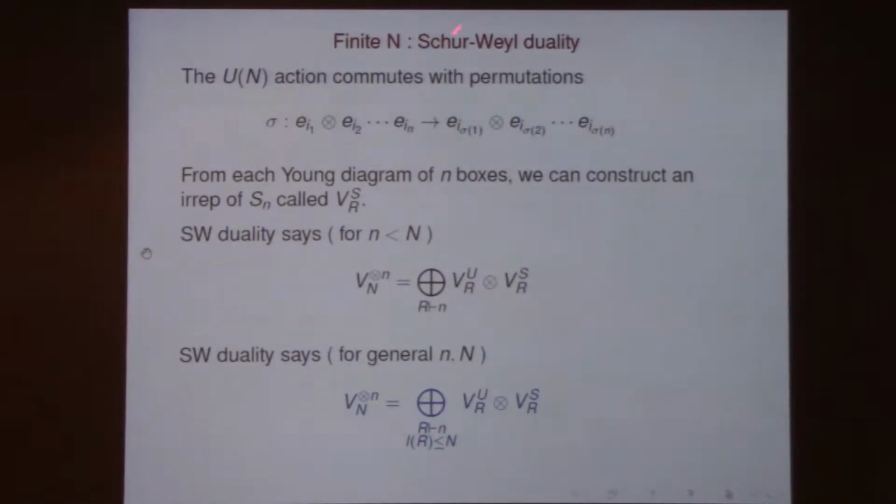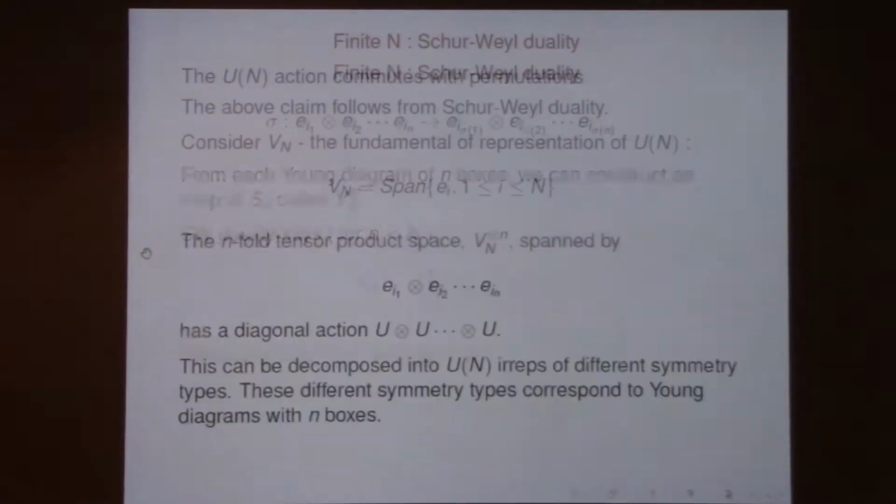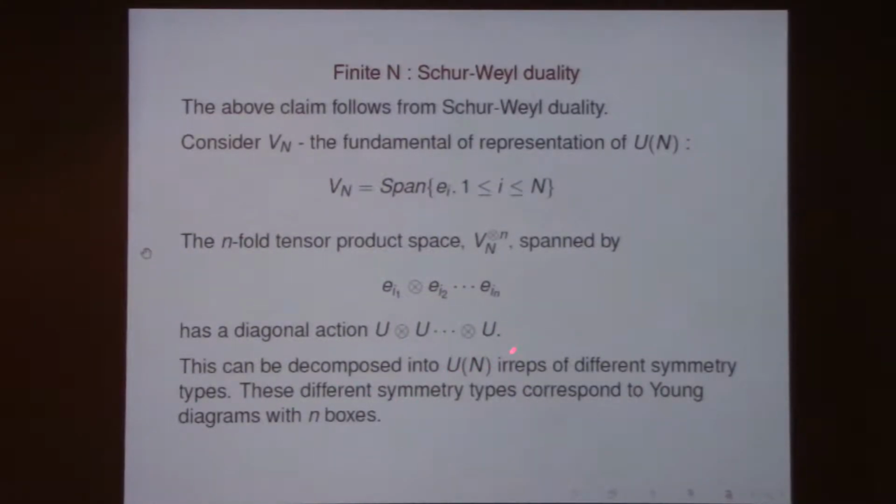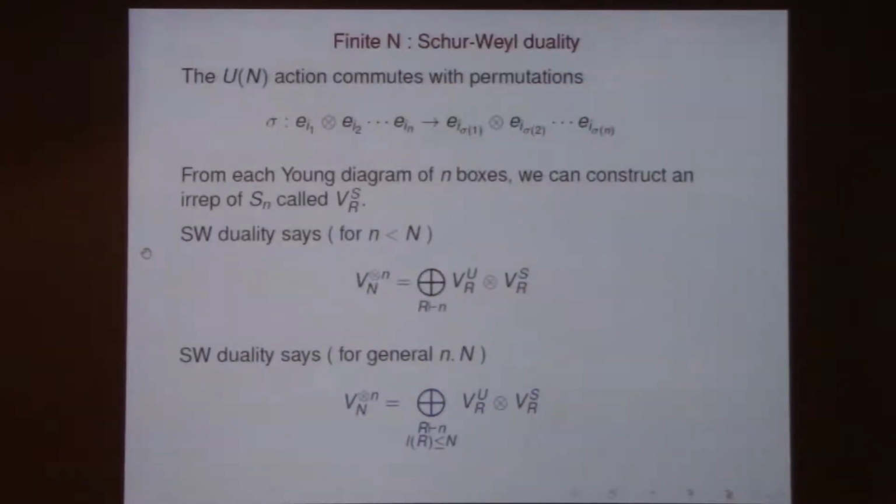In Schur-Weil duality, what is important is that this U(N) action that I showed you commutes with a permutation group action. So if you take sigma, you permute these factors sitting in these different tensor factors, then this action of permutations commutes with this action of U(N). Good.